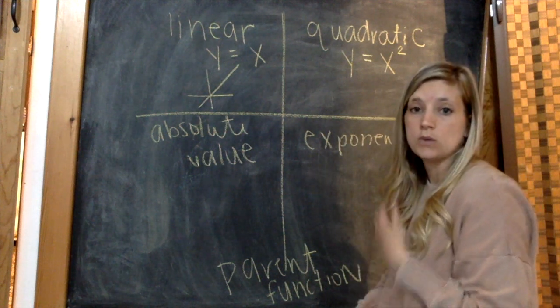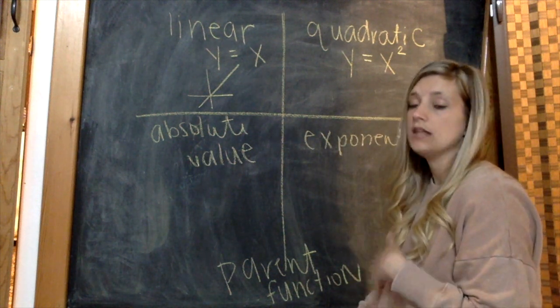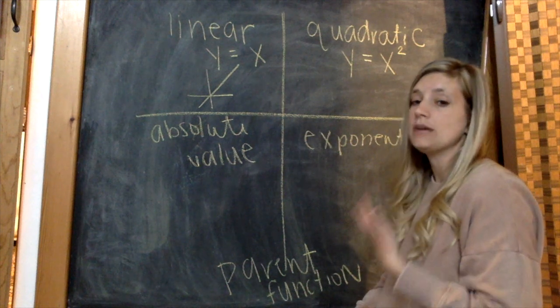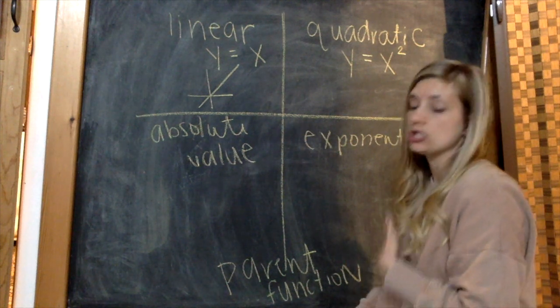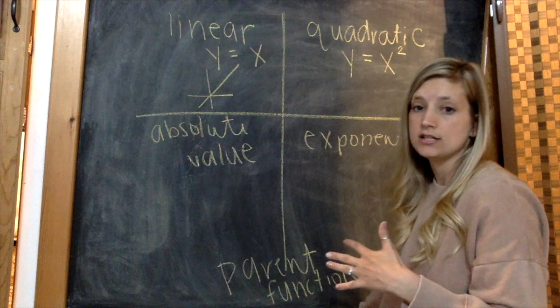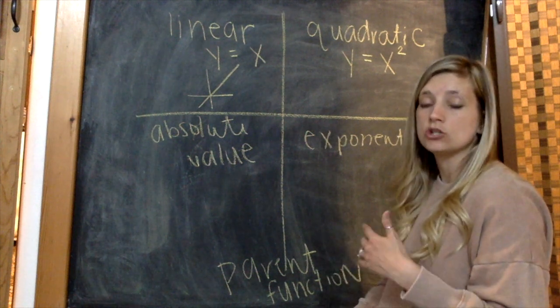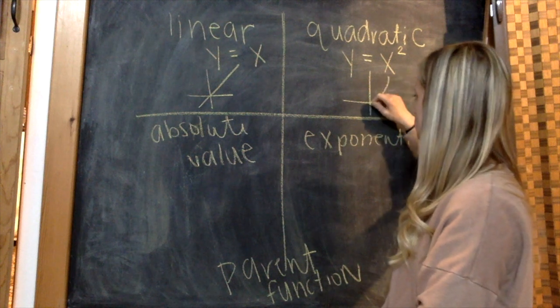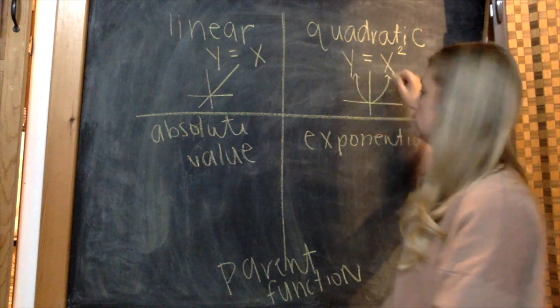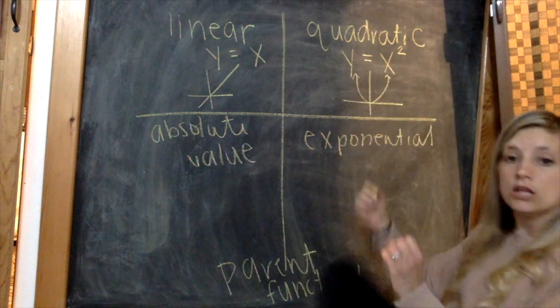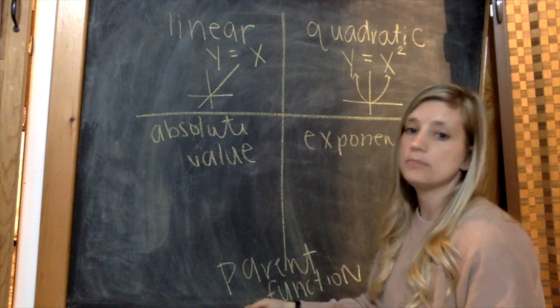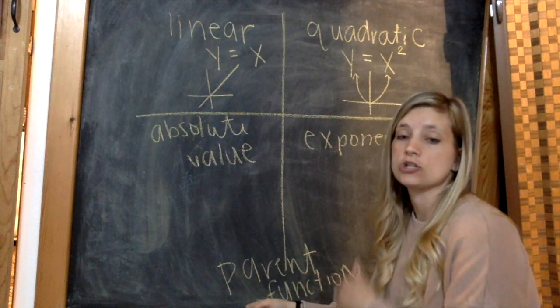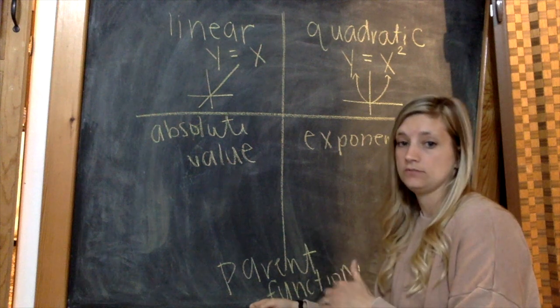The parent function is y equals x squared. So it starts at 0, 0. It's basic. It's not a shrink. It's not a stretch. It's concave up. It is just perfect, the bare necessities in order to be a parabola. Perfection, right in the middle. Again, concave up. It's not skinny. It's not wide. It is just your basic parent function.